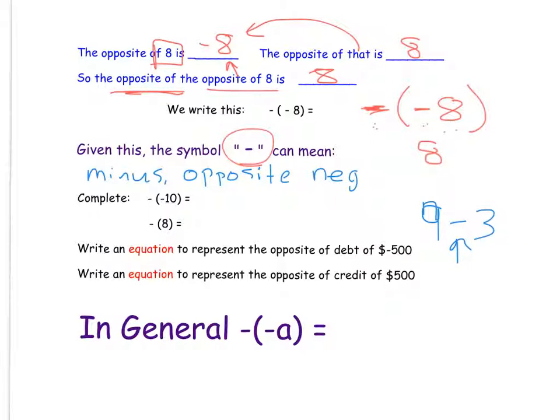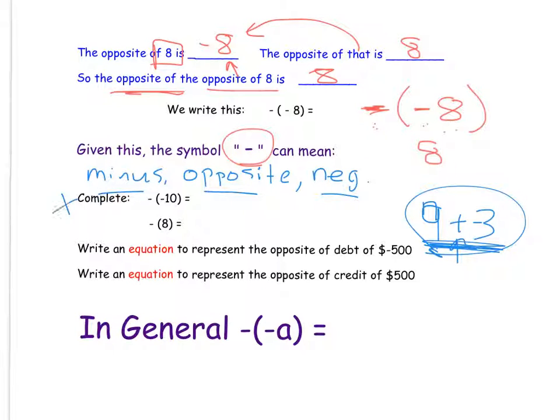You have to look carefully to see which one it's talking about. And what you're going to see next year, if you don't get to the learning target this year, is we can change this problem to 9 plus a -3. So that symbol again means minus, opposite, negative.